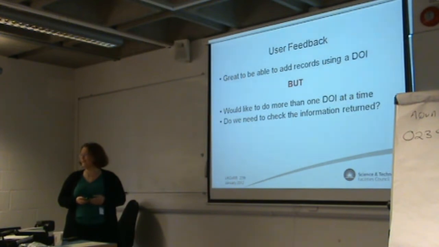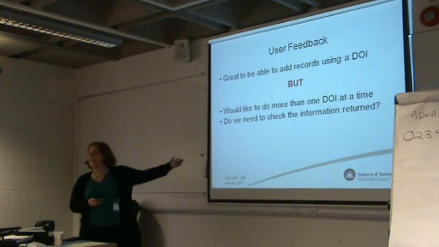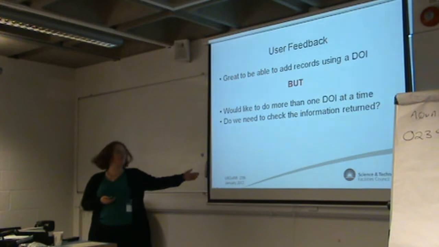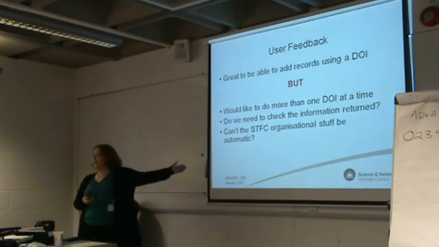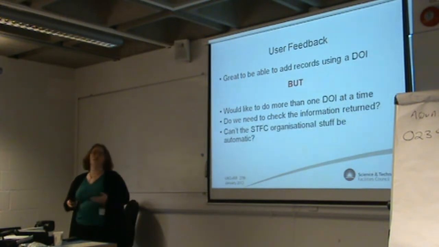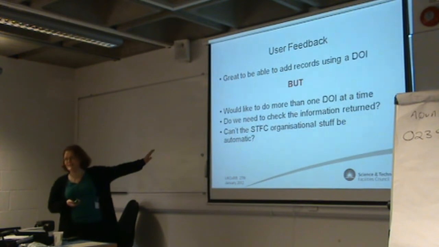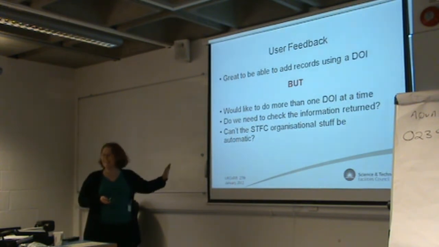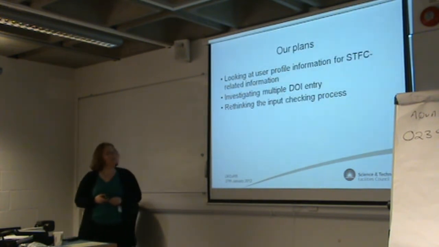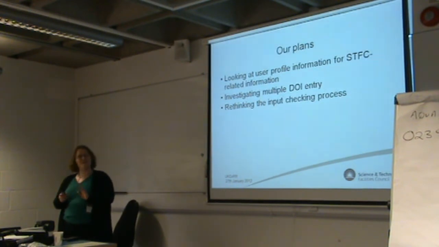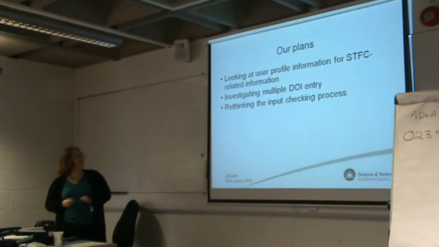Surely it's right, surely we don't have to worry about scientists checking that we put the right DOI in and it's found the right thing. And we work at STFC, why have we got to say what department we're in? Surely you know. Sorry, I'm going over the top. I've worked with scientists a long time. So we went, okay then, thanks for the feedback. Really.